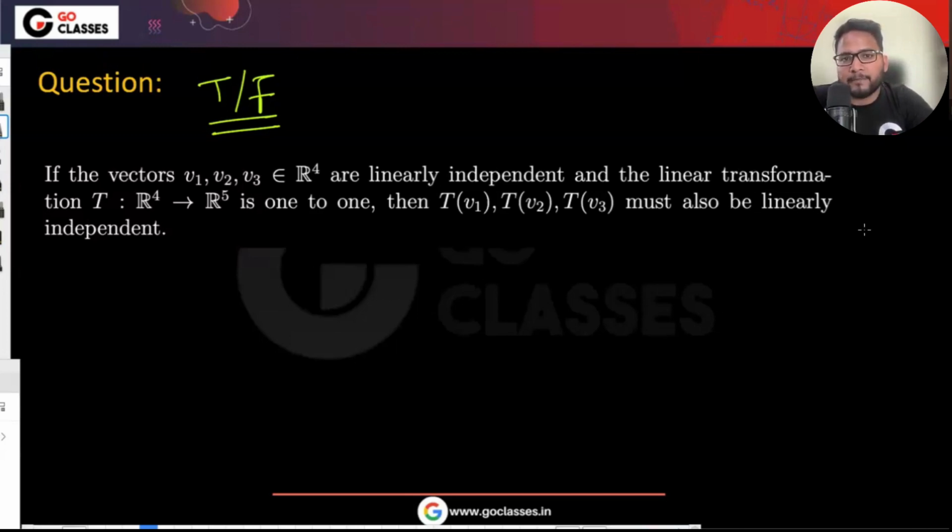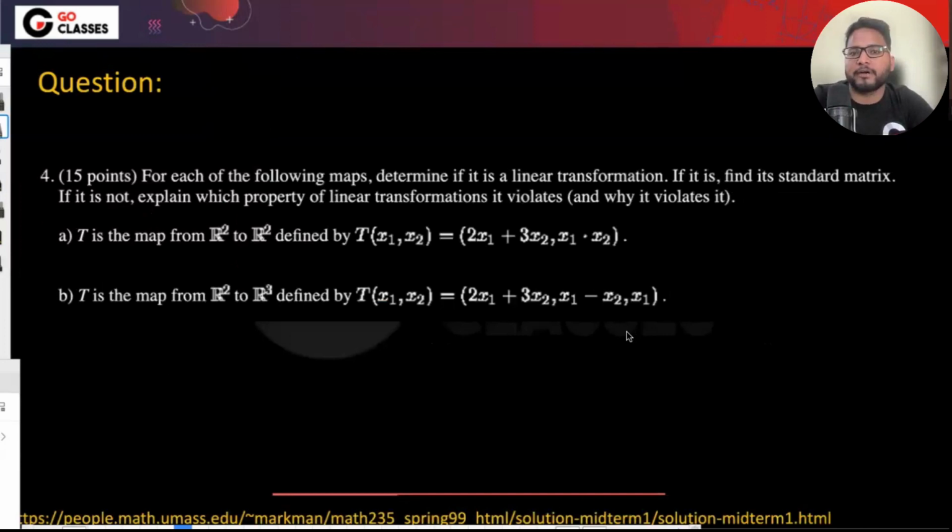What they're saying is that these vectors are linearly independent and the linear transformation given is the, okay, this one we have not studied yet. Sorry about it. First, let me teach you this one-to-one function and all, and then I will talk about it. Let me just skip this question for a moment.